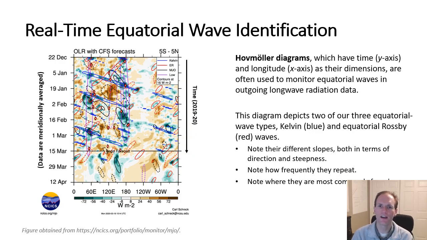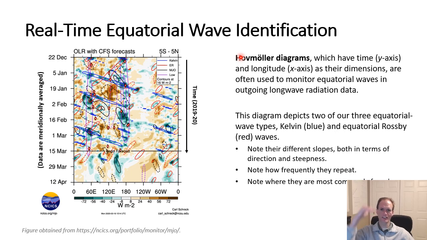Finally, we can often use what are known as Hovmöller diagrams. So these have 2 dimensions. Time is their y-axis, and longitude is their x-axis. So we're often averaging over latitude to give us just a single line of data in the x direction, so that we have just longitude in the x-axis here.